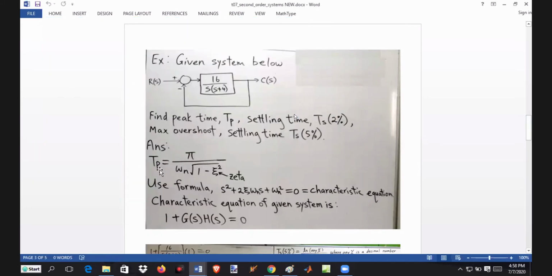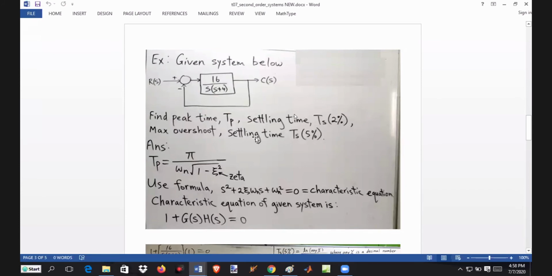Find peak time TP. TP is like that, isn't it? Now omega n, are we given omega n? We are not given, isn't it? Theta given or not? Theta not given. In order to find peak time, you must know omega n and theta, right? This is the formula, but they are not given in the question.